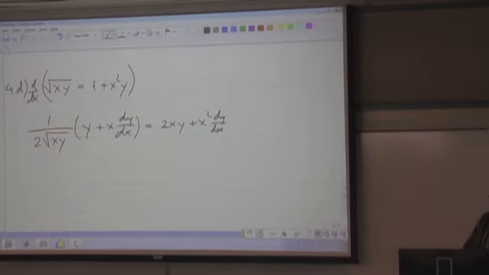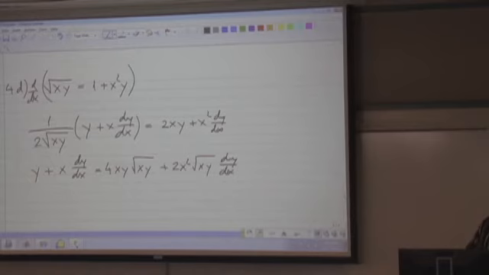So notice the first thing that we can do, so we don't have complex fractions, is I have y plus x dy dx is equal to 4xy square root of xy plus 2x squared square root of xy dy dx. What did you just do? I got rid of the denominator, right?